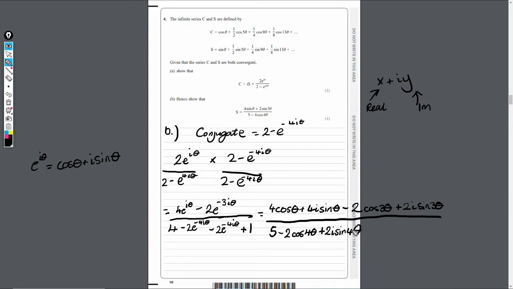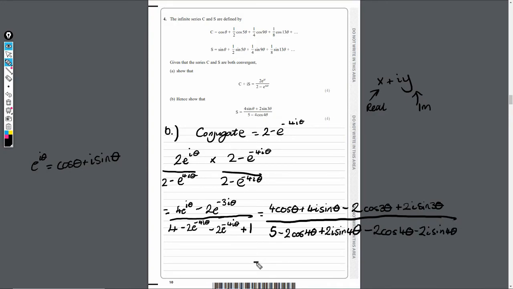I'm just writing everything out here. I'm going to get a minus 2 cos 4 theta again, and then finally, I'm going to also get a minus 2i sine 4 theta. Again, this is very easy to make a mistake, so just take your time with this.